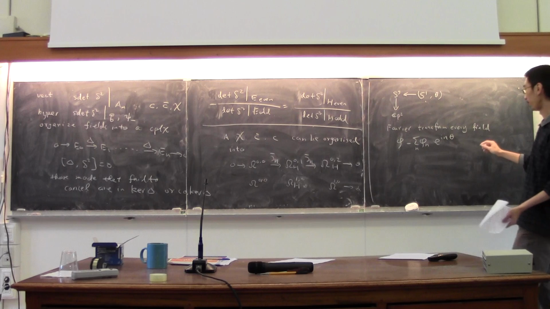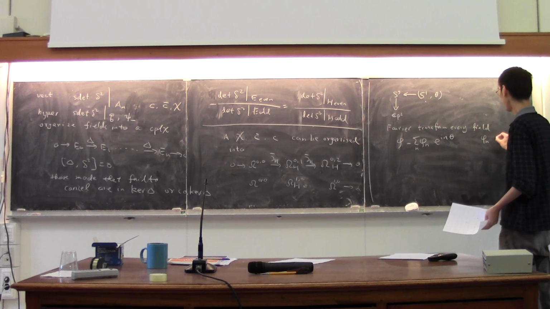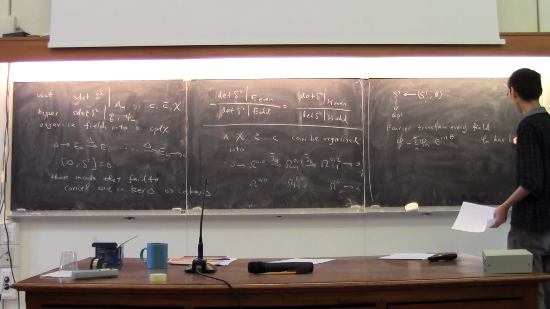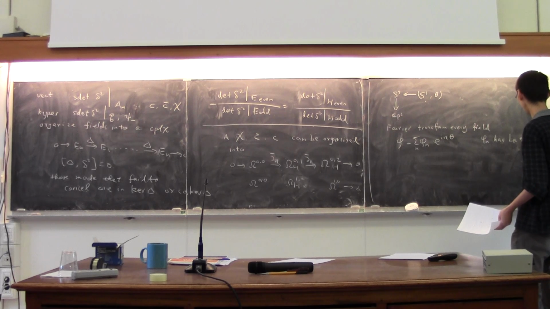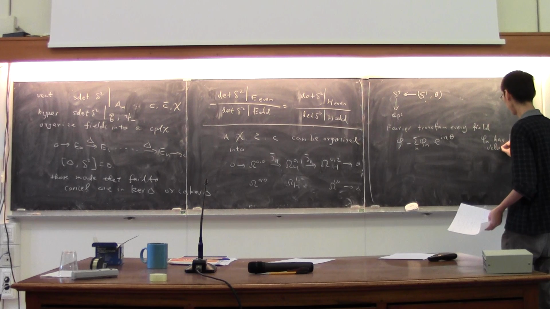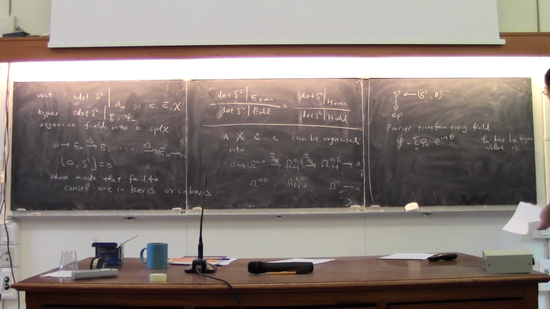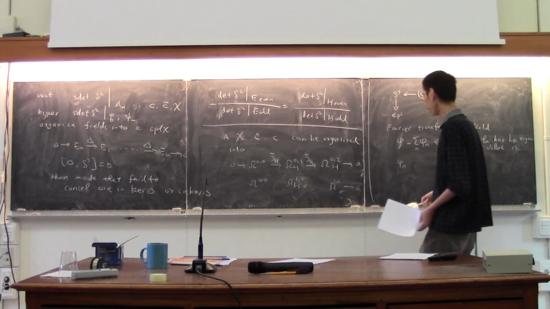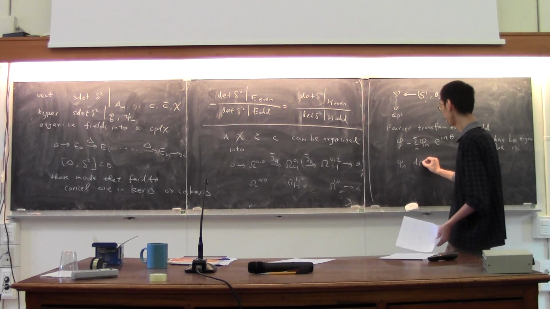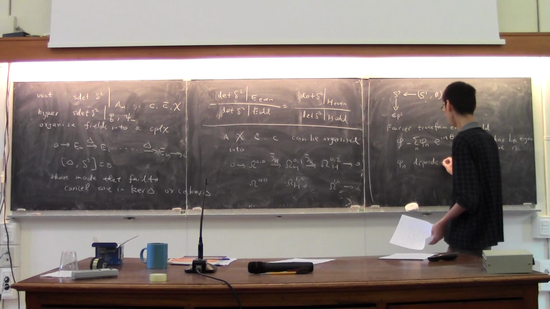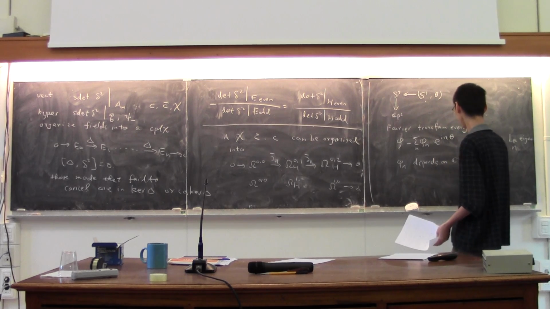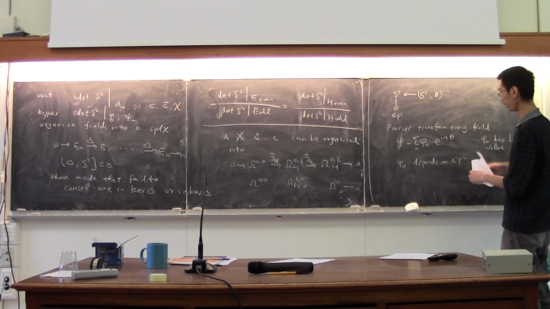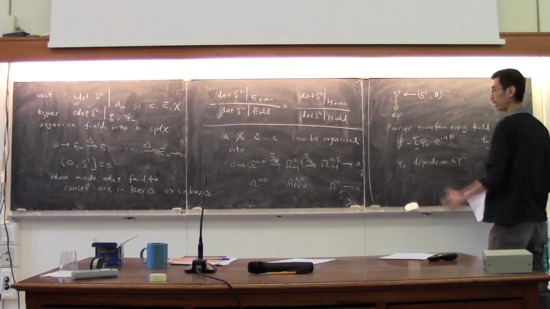And then, quite obviously, the Lie derivative has eigenvalue n. And then phi n depends on CP2, because we have already Fourier transformed, so it depends on the base CP2 only.